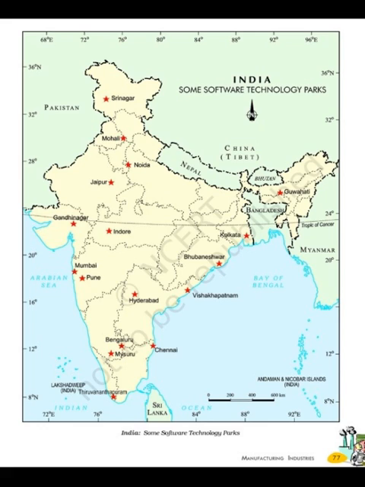Then Hyderabad in Telangana, Bengaluru in Karnataka, Chennai in Tamil Nadu, and Thiruvananthapuram in Kerala. These places can be asked to mark for the software technology parks. So please underline them, do this map work, and paste it in your notebook.